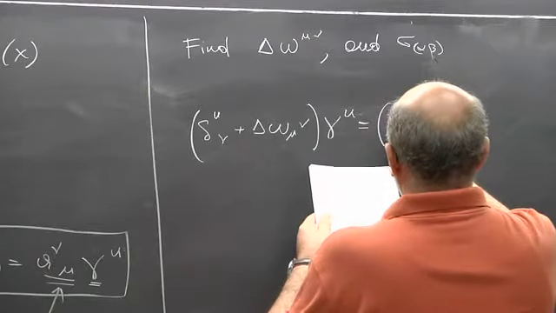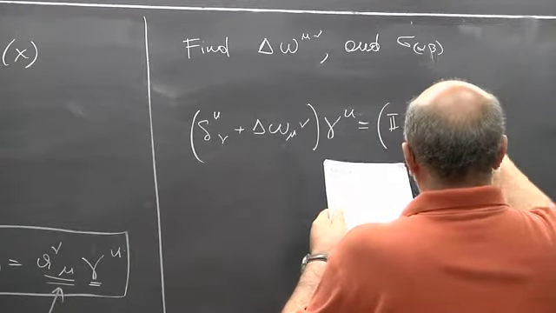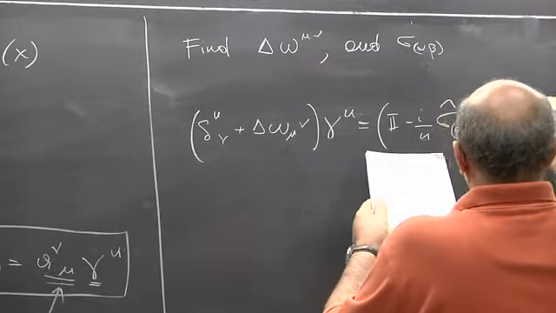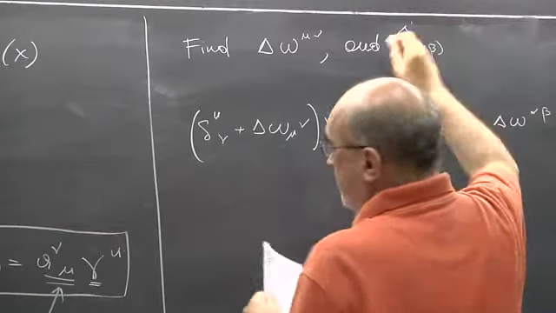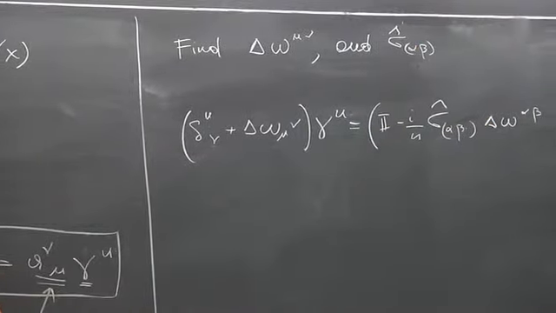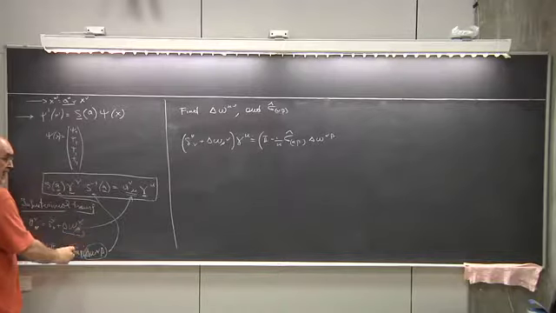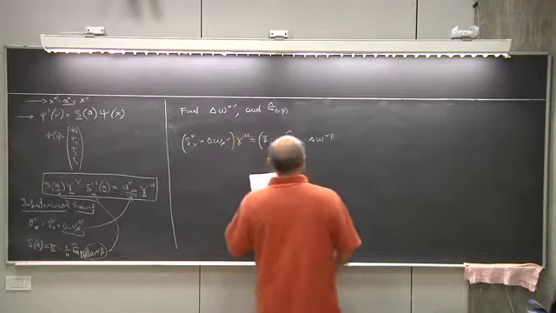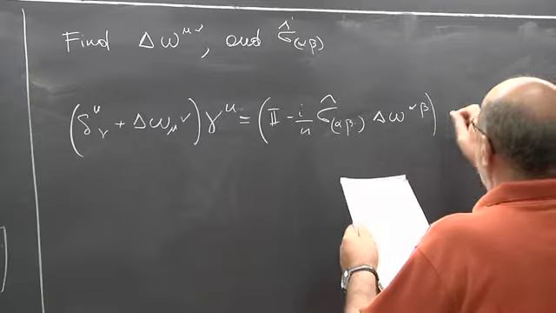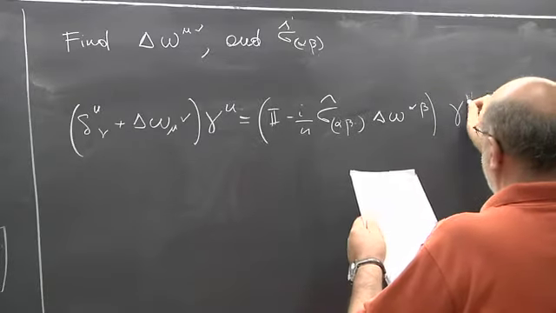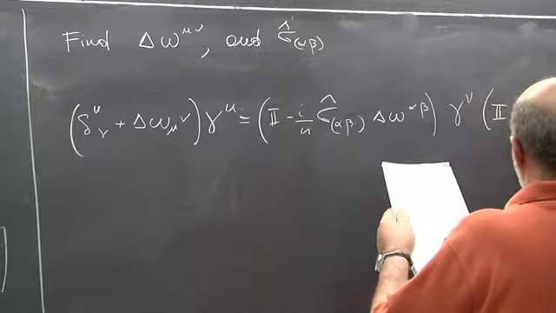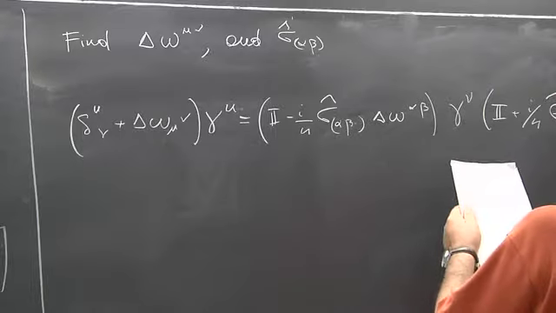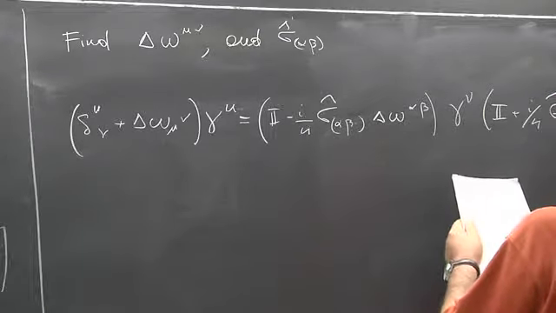So I have the identity minus i/4 sigma alpha beta delta omega alpha beta. I have put a hat on it just to indicate that it's a matrix. These are not numbers. These are matrices labeled by alpha and beta. There are 16 matrices labeled by alpha and beta. Then we have gamma nu, and we have the identity plus i/4 sigma alpha beta delta omega alpha beta.